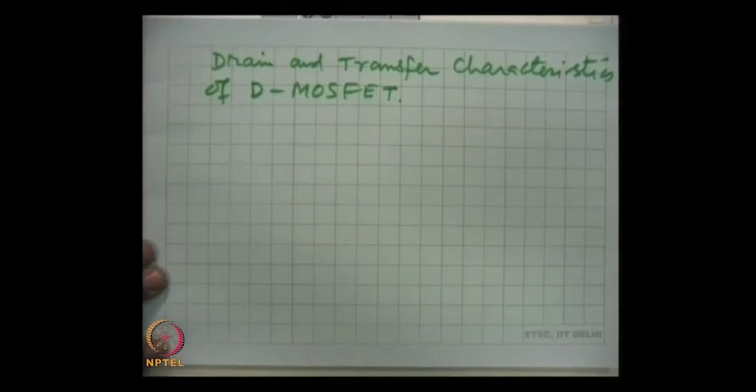We talked in the previous lecture that because of the oxide layer which isolates the gate electrode from the semiconductor, in the depletion MOSFET we can apply a negative voltage, 0 voltage and a positive voltage.